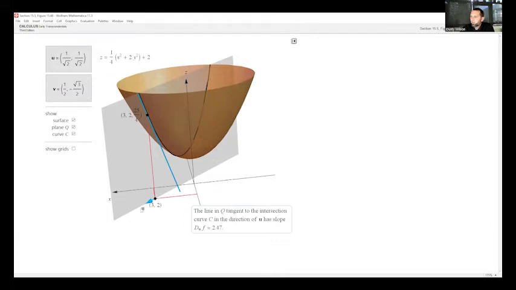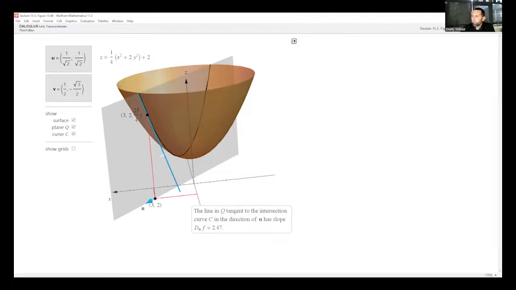Our vector u down below gives us a direction. And so you can imagine cutting the surface with a vertical plane that is parallel to this vector, and that is going to create this black line of intersection. And then we could ask, what's the tangent line right above the point 3, 2?